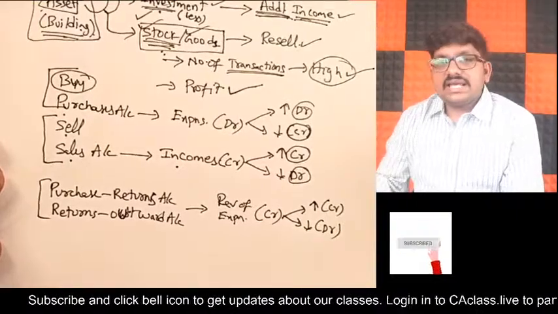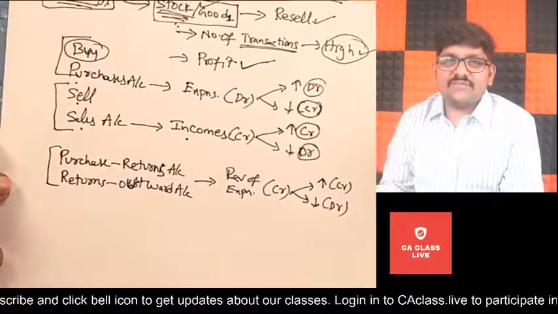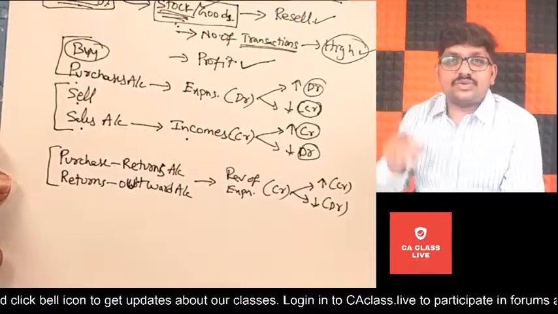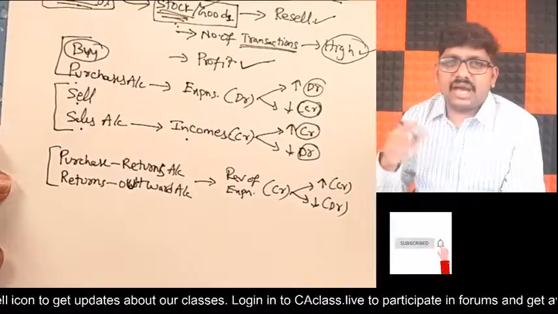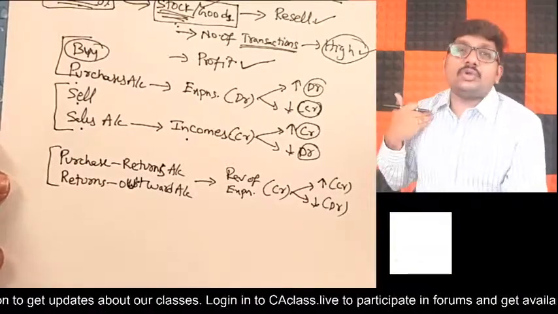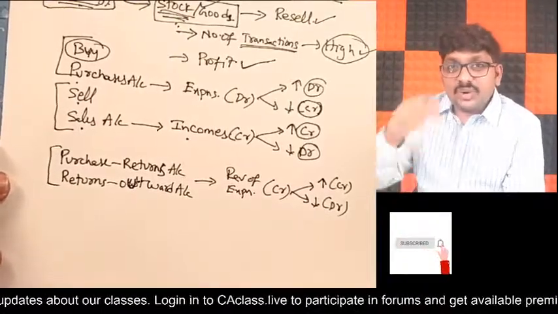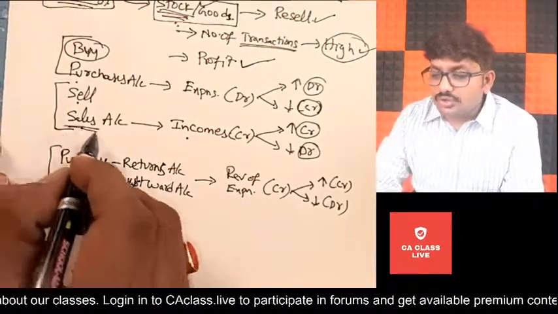Got it, friends? Similarly, your customers, what have you done? You sold some goods to the customers, and now they got some damaged or spoiled goods, or some packing damage, and now they want to give it back to you. Earlier you gave back to your seller, now your customers want to give back to you. You sold those goods to them, right?